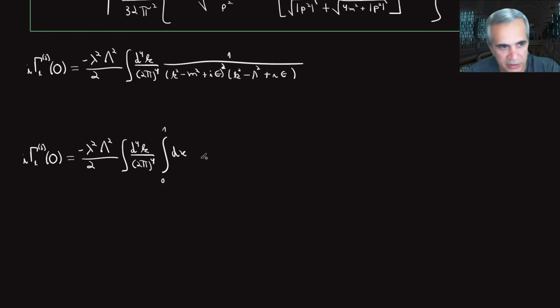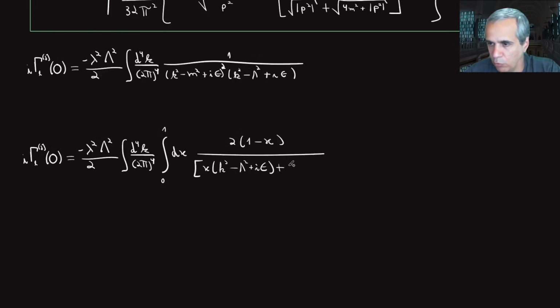So this becomes just 2 times 1 minus x from the formula, and the denominator is now x times one of these terms, k squared minus lambda squared plus i epsilon, plus 1 minus x times the other term, this one, that goes right here.